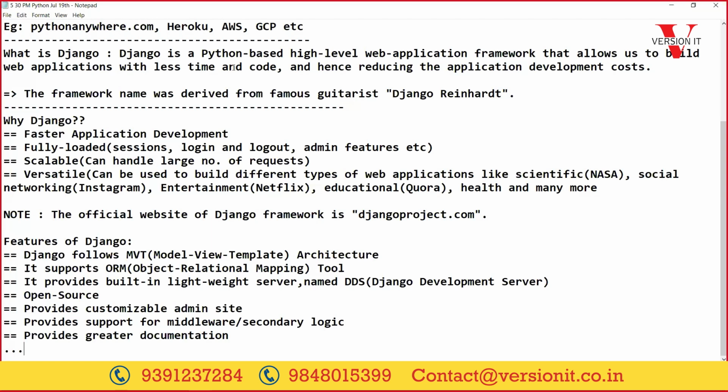Then in this MVC design pattern, what a model will do, what a view will do, what a template will do, the Django architecture, and how to start our first application using Django, the continuation we'll see in tomorrow's session. Clear? So just go through that, and some other things about Django we'll see in tomorrow's session. Right?